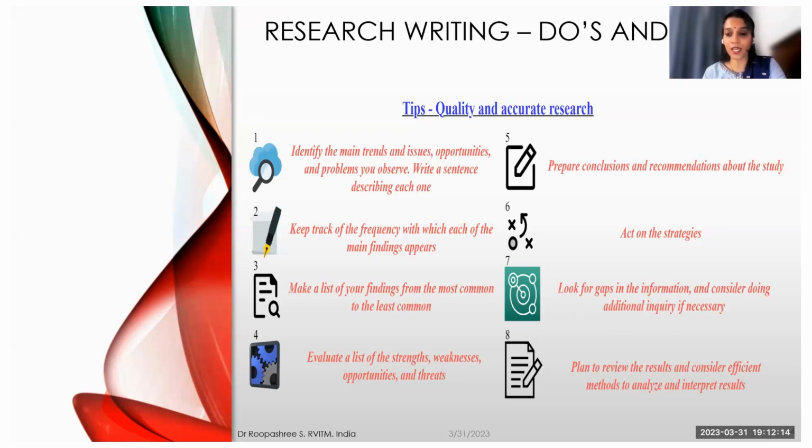This filling of gaps plays a major role when we go towards the accuracy of the research. Last but not the least, we always have to plan to review the results and consider efficient methods to analyze and interpret the results. These are the main tips that I would like to put forth for achieving quality and accuracy in our research work.